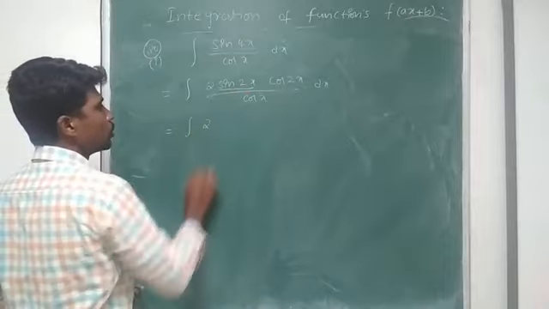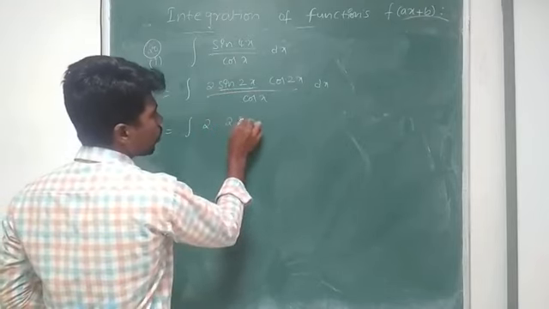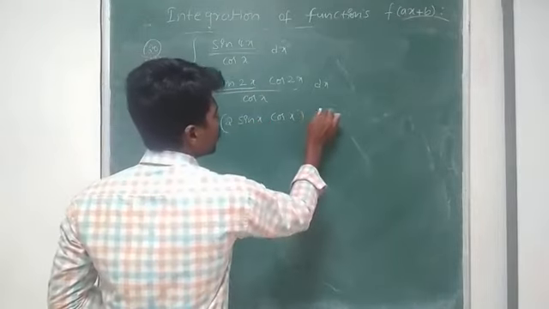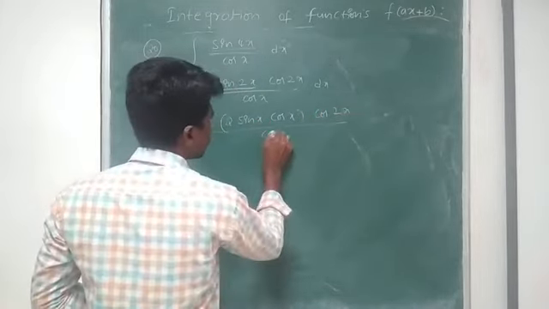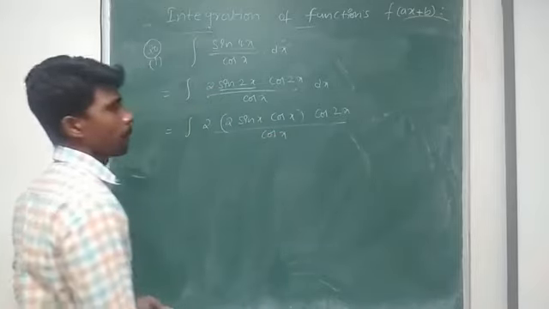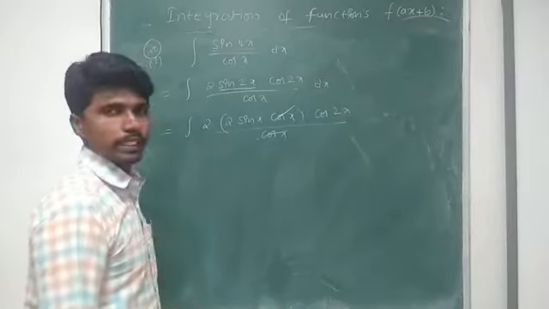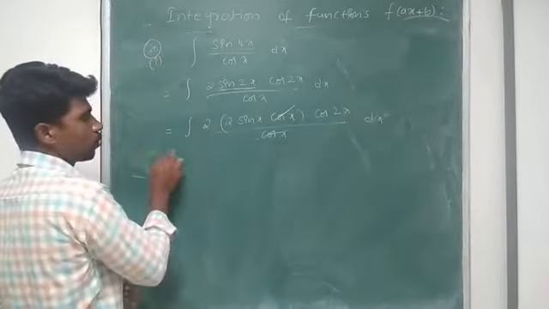So integral 2 into sin 2x can be written as 2 sin x cos x into cos 2x by cos x, right? So cos x and cos x get cancelled, so I can take 2 outside.